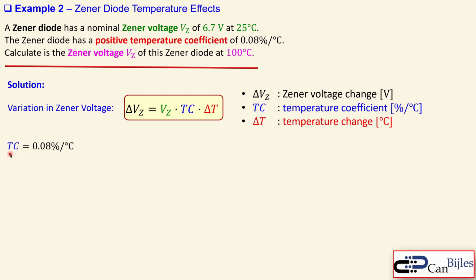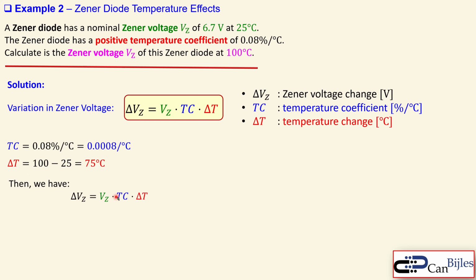If I look at a temperature coefficient of 0.08% per degree, I need to convert this percentage to a scaling factor. It will be divided by 100, so it will be 0.0008 per degree. The change in temperature is 75 degrees, because 100 minus 25.